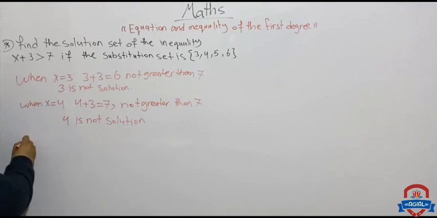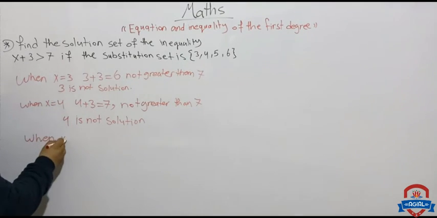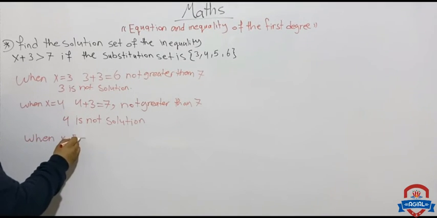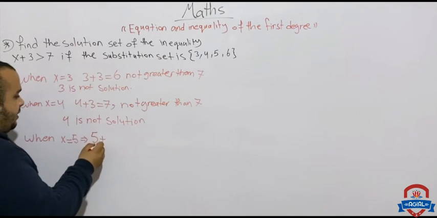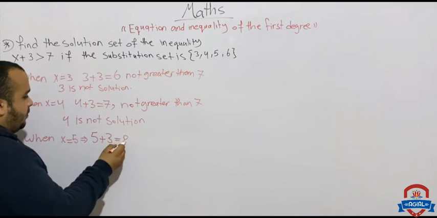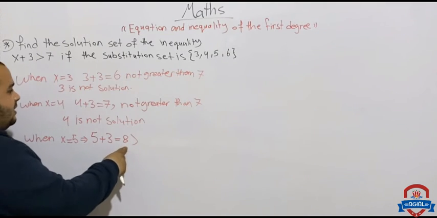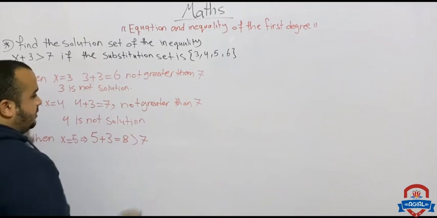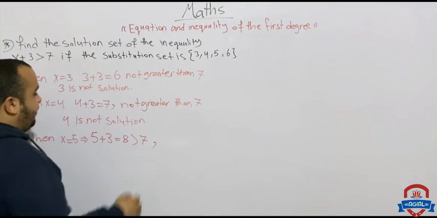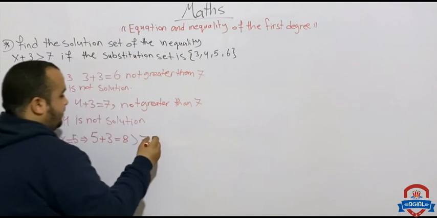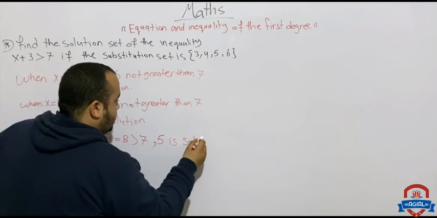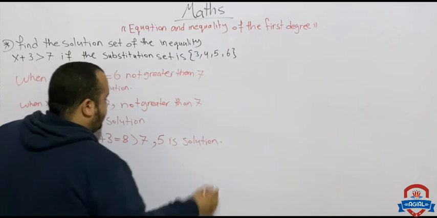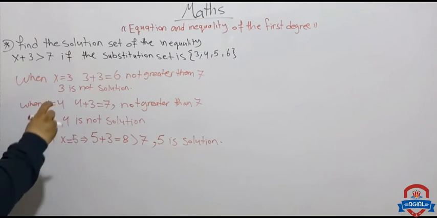By the same way, when x equals 5, the left hand side equals 5 plus 3, and 5 plus 3 equals 8. So the left hand side is greater than the right hand side. So the number 5 is a solution for this inequality. And the last one, the number 6.